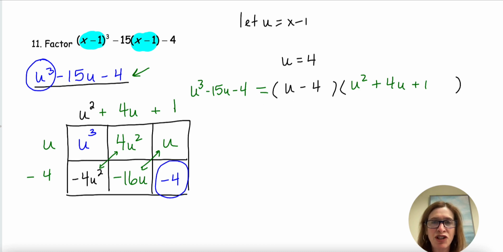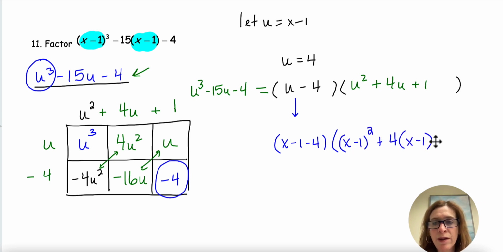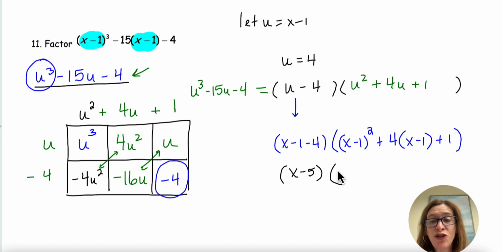All right, now we're not finished though, because now we've got to go back to where we started. We have to substitute in x minus 1. So I'm going to take this, x minus 1 minus 4, x minus 1 squared plus 4 times x minus 1 plus 1. And then I'm going to simplify it. So x minus 5. Now here I want to be really careful. You can't distribute a 2 over addition and subtraction. So you'd want to multiply that binomial out, which I expect at this point you can do.